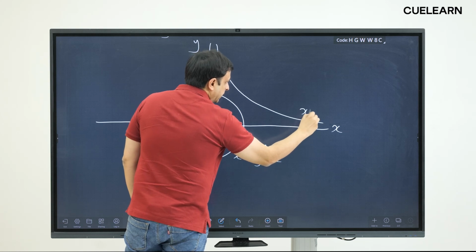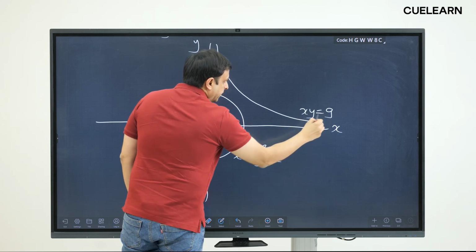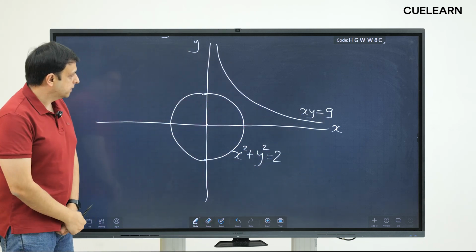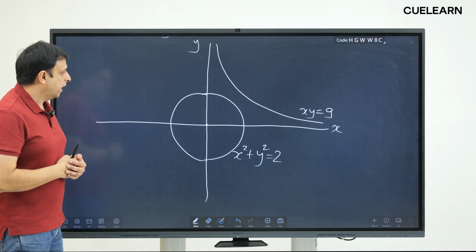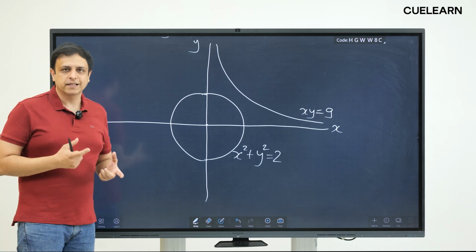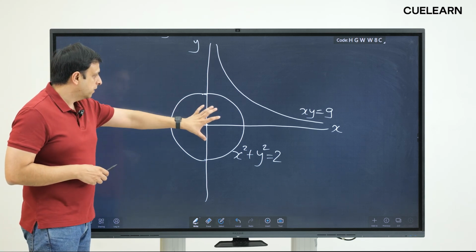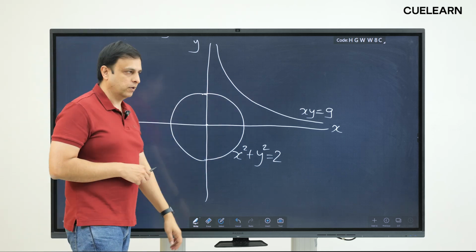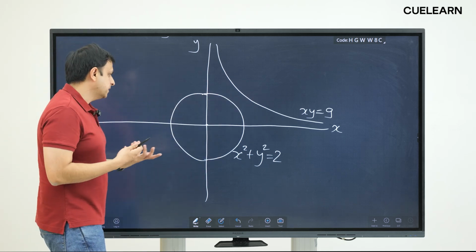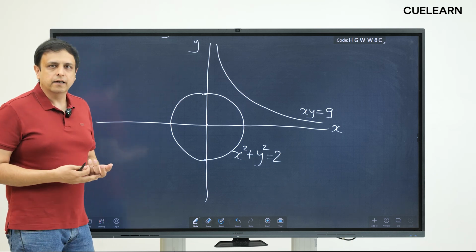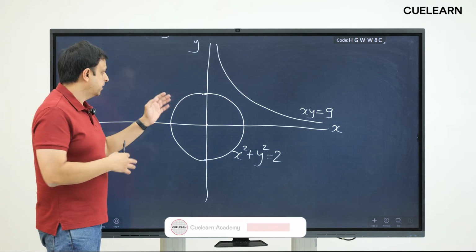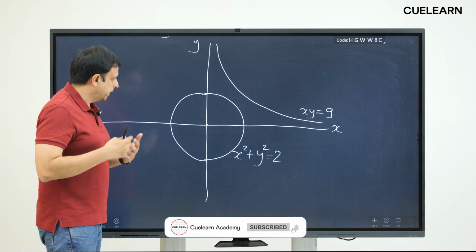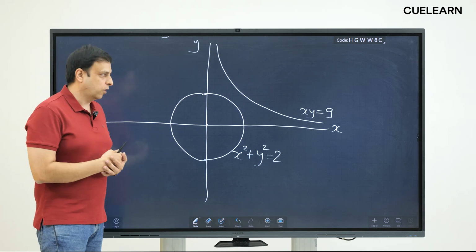So, this would be xy equal to 9, where x is greater than 0, all right. And now we have to find the minimum distance between a point on the circle and a point on this hyperbola. And you could once again become very analytical about it and try and solve it by doing a lot of algebra.